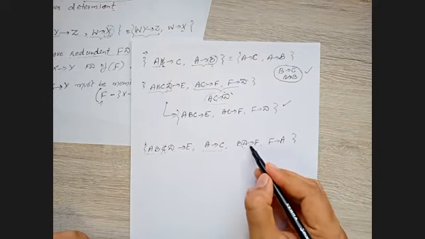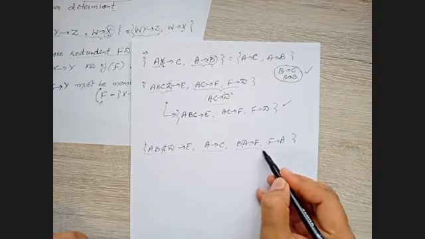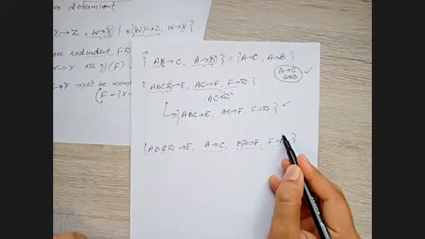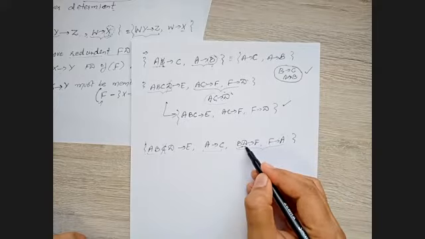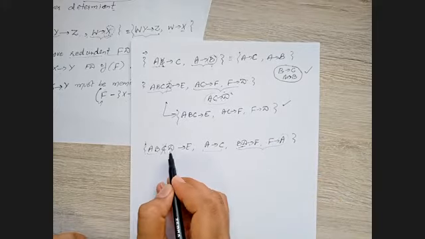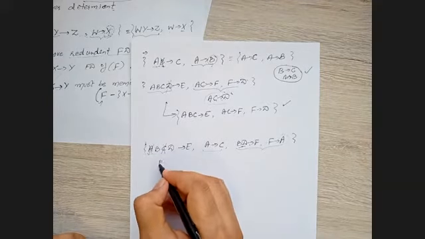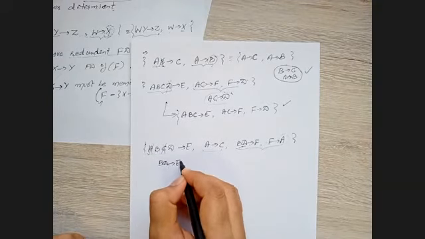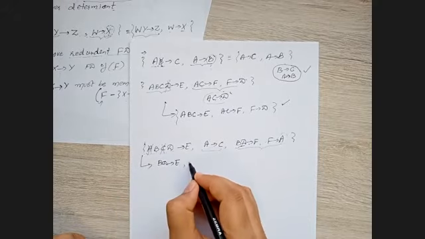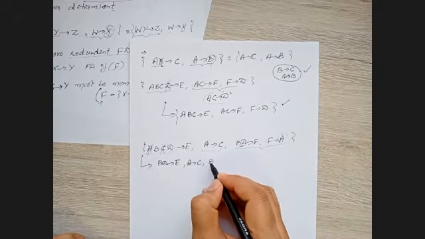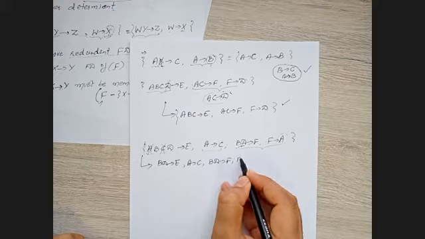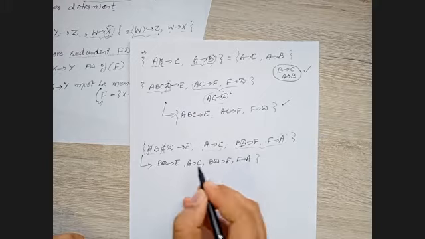Now from BD determines F and F determines A, we can get the value of A from B and D. So B and D are here, we can get the value of A. But we are left with BD determines E, A determines C, BD determines F and F determines A.